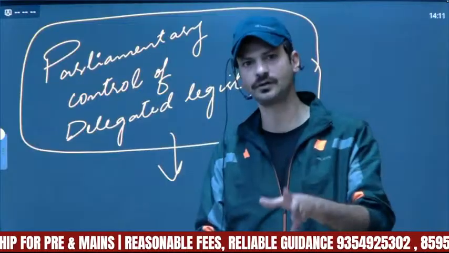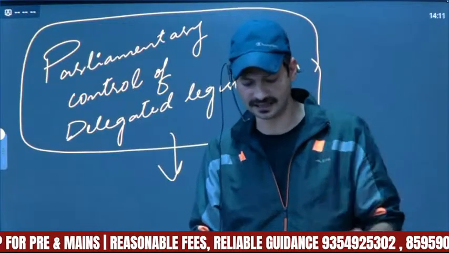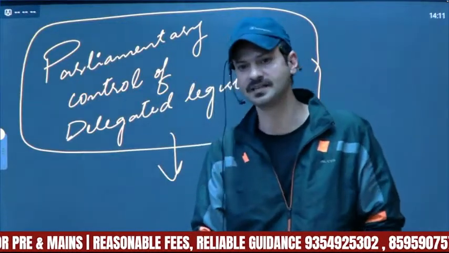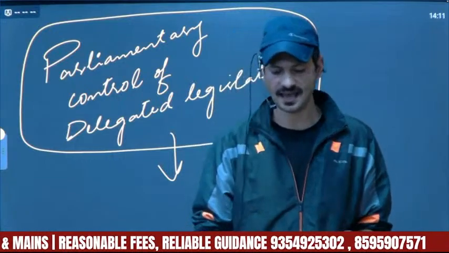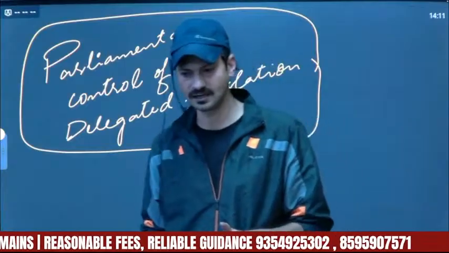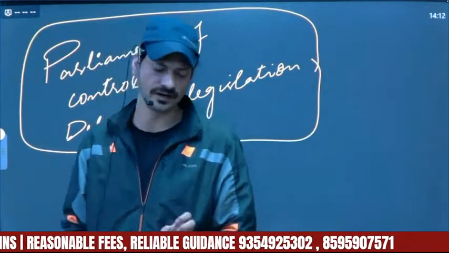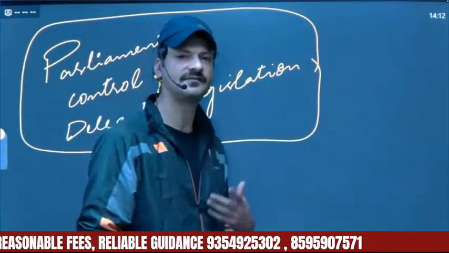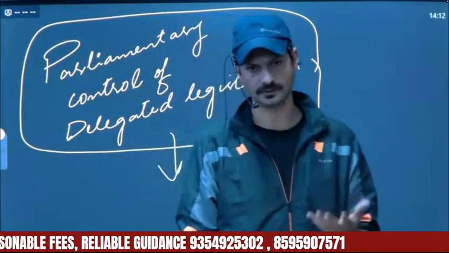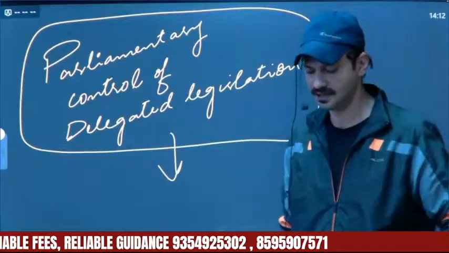It's important for them, because they are the ones delegating it, so they have to supervise what is happening. This parliamentary control over delegated legislation is expressed in several ways.